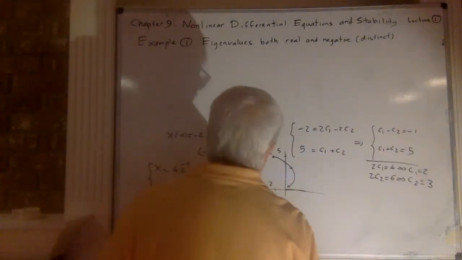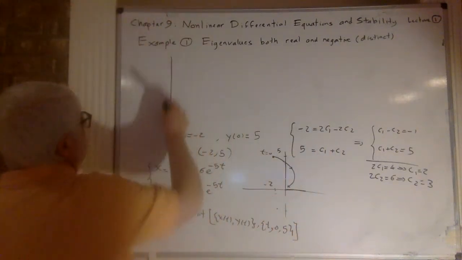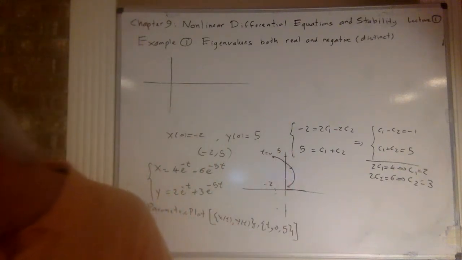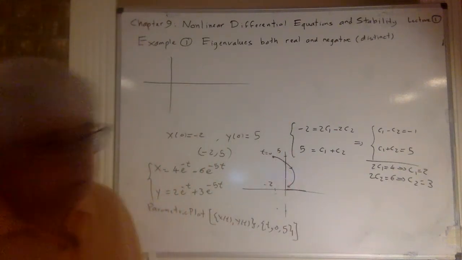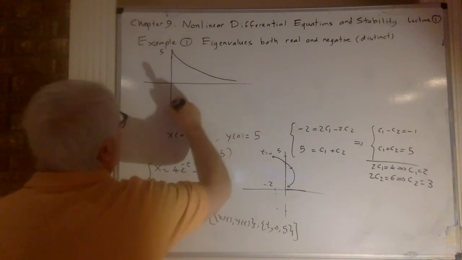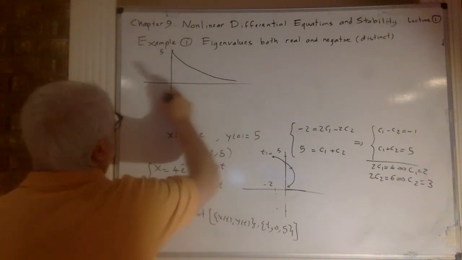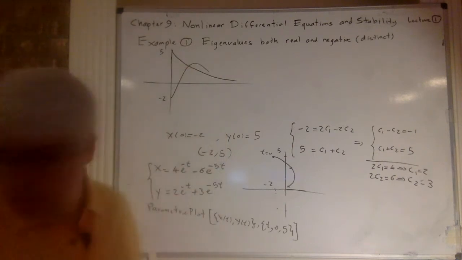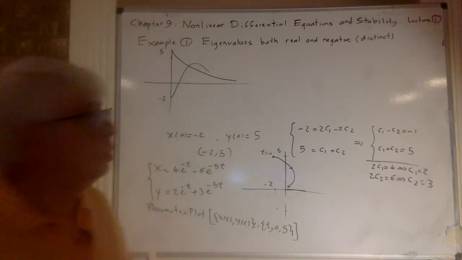I have the two plots here. One starts at 5 and goes like this. The other one starts at minus 2 and goes like this.